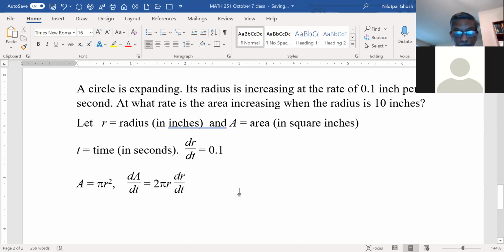So now we can plug in. When the radius is 10, I don't have to put the unit because I've already included the unit there.